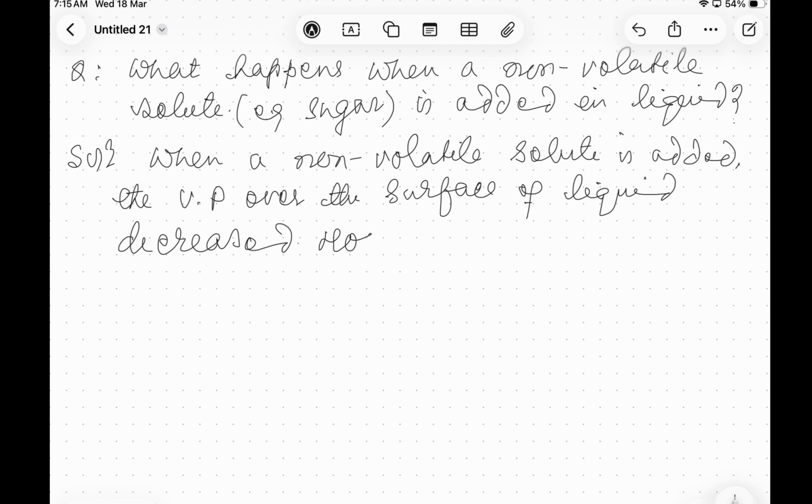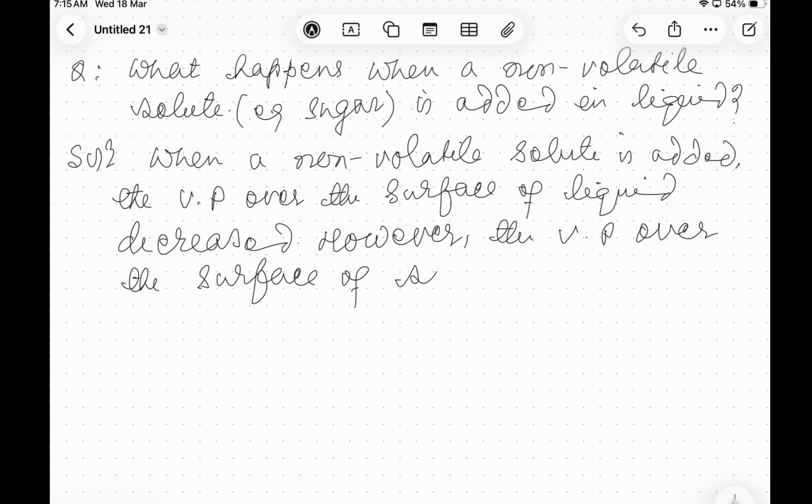However, the vapor pressure over the surface of solid remains unchanged.